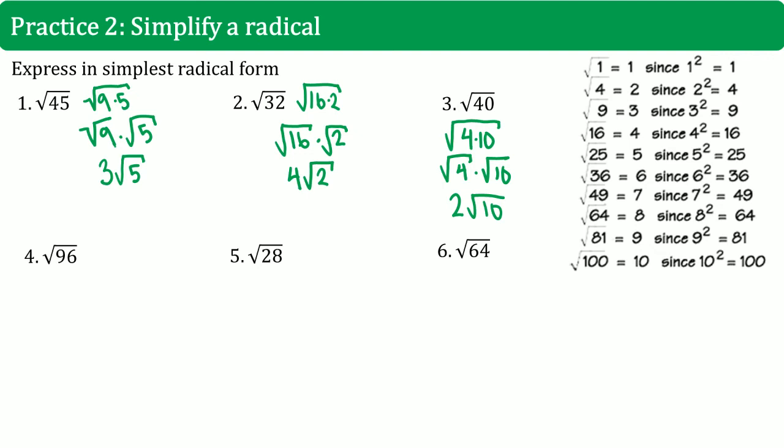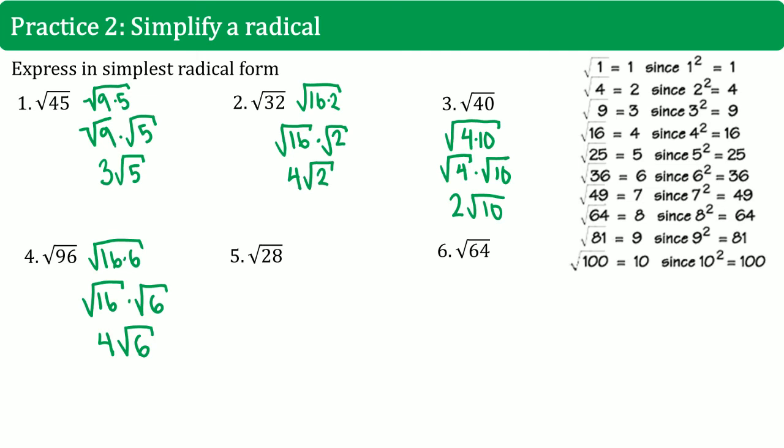Next, we have radical 96. And I think radical 96 can be divided by 36. No, radical 96 can be divided by 16. Yeah. So radical 96 can be broken down into 16 times 6. So split this into the two parts, radical 16 times radical 6. Radical 16 just breaks down to 4. Radical 6 cannot be broken down, so it stays as radical 6.